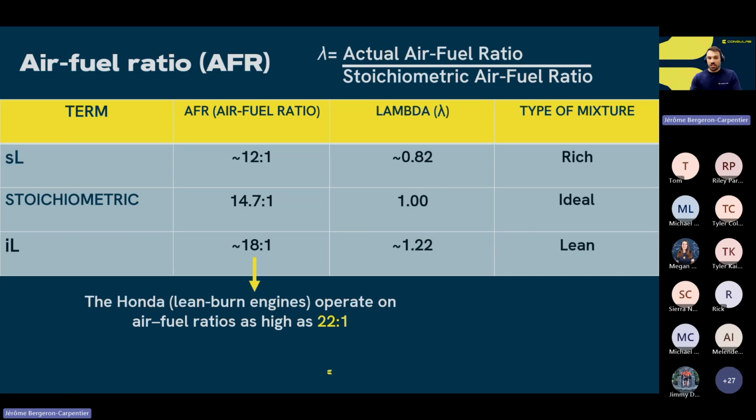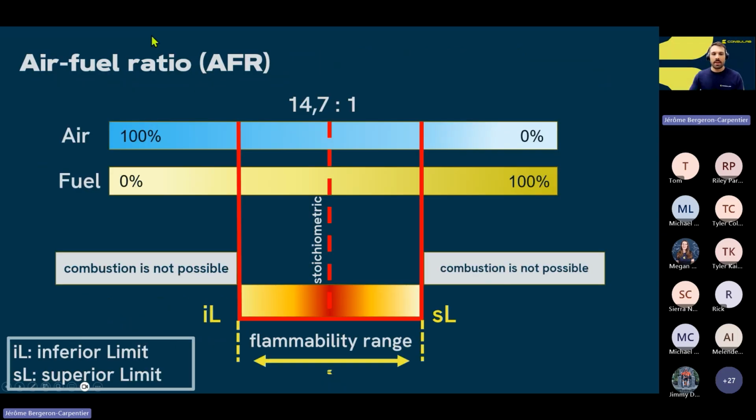Some Honda engines, for example, can be lean burn engines and operate at air-fuel ratios as high as 22 to 1. So if we look at that chart, 22 to 1 is way above our inferior limit. If we go back to the diagram, we are way into the zone where combustion is not possible.